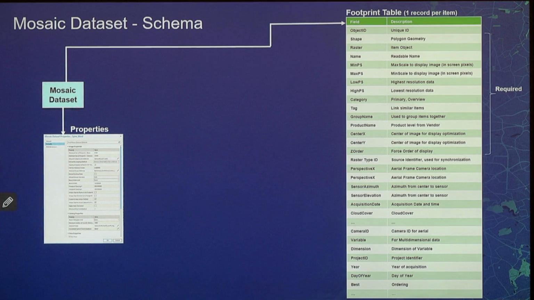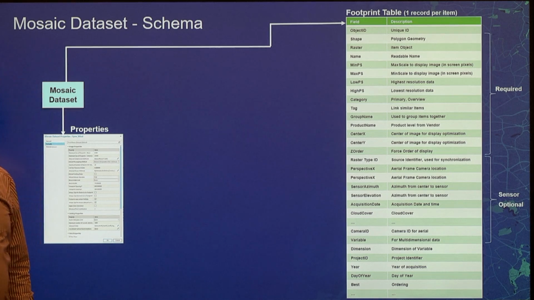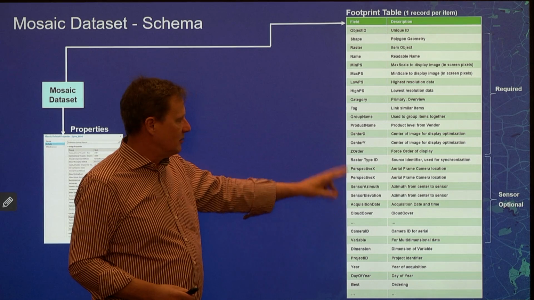Then, when you start adding data, all of a sudden there's more fields coming into that system. These are usually sensor-specific fields. So the system will try to read common metadata of the data that you add, and then things like acquisition date and stuff like that will be taken from the metadata and will be added to the records where it actually matches.